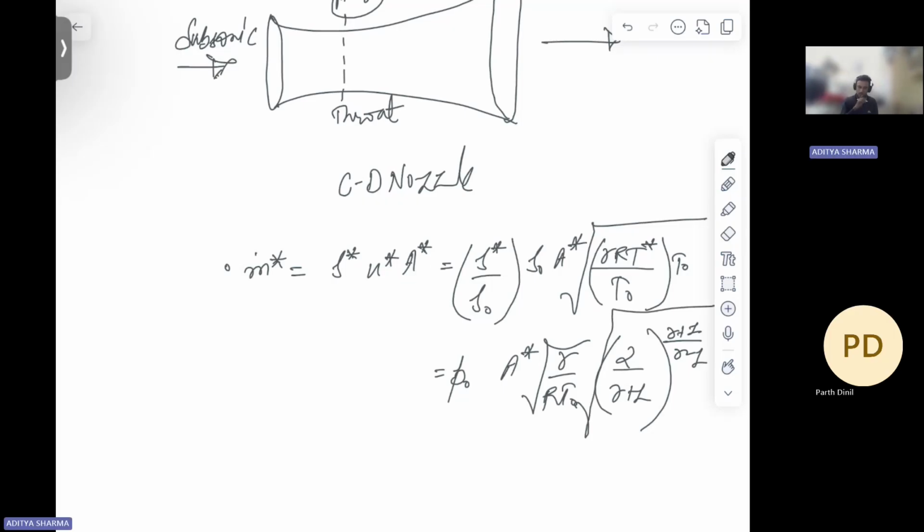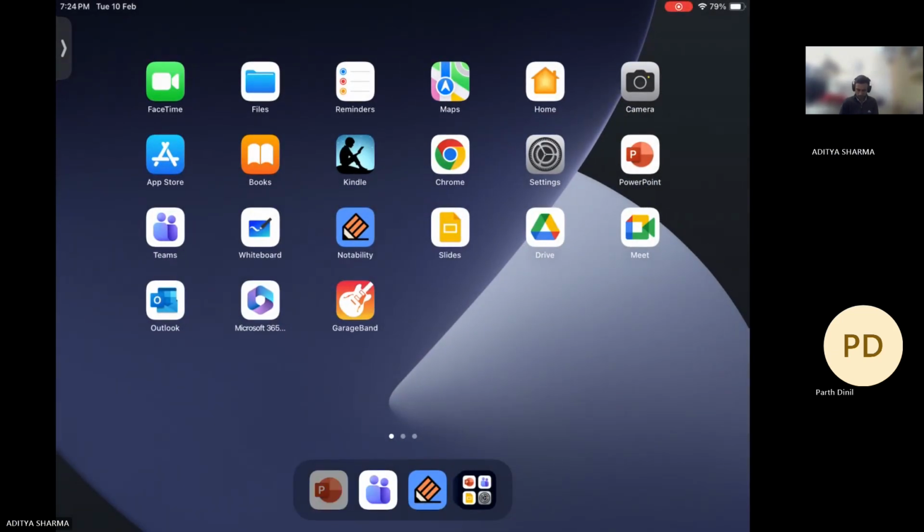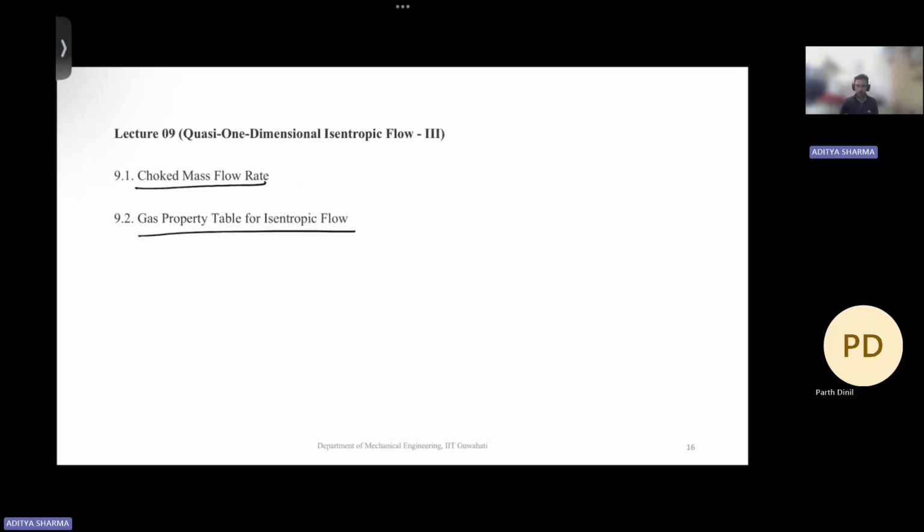This is also there. So this is for your choked mass flow rate. Then we'll move on to questions.